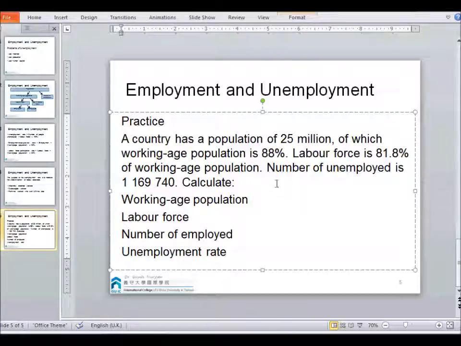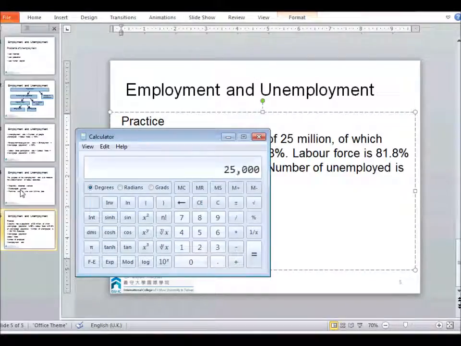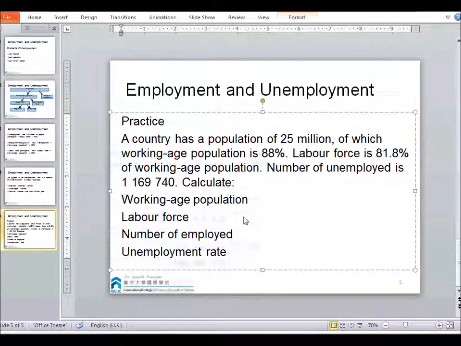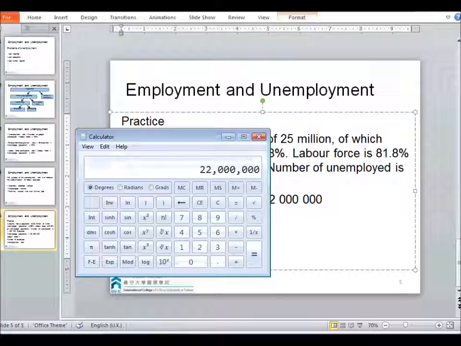Of course, the working age population is 88% of 25 million. 25 million multiplied by 0.88, and that is 22 million. Labor force makes up 81.8% of the working age population, which is 22 million. So 22 million multiplied by 81.8%, that is 17,996,000.